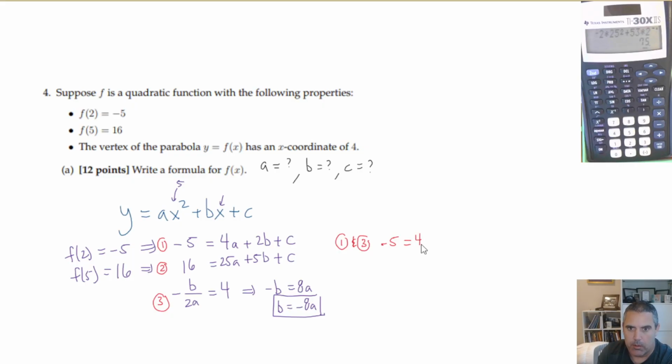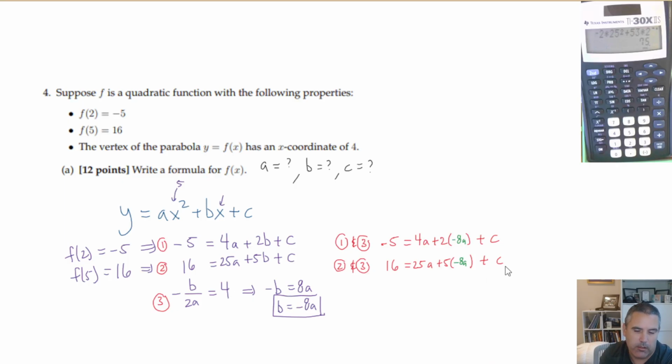So this will become 4a plus 2, and then I'm going to plug in b. And then I'm going to do 2 and 3 together. And that's going to be 16 equals 25a plus 5 times b plus c. And in place of b, I'm plugging in negative 8a. Step 1 accomplished.